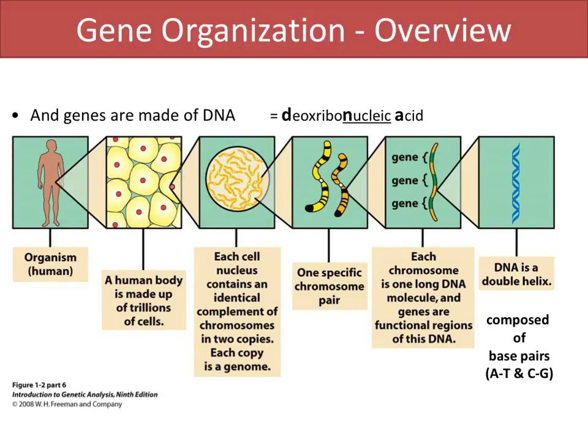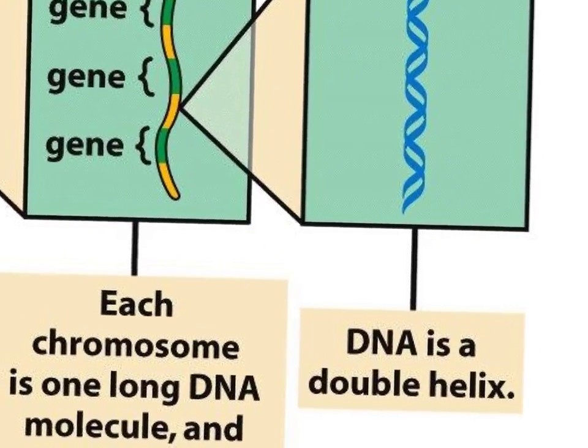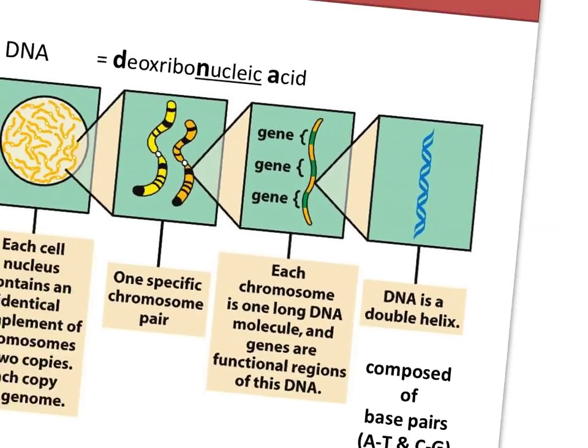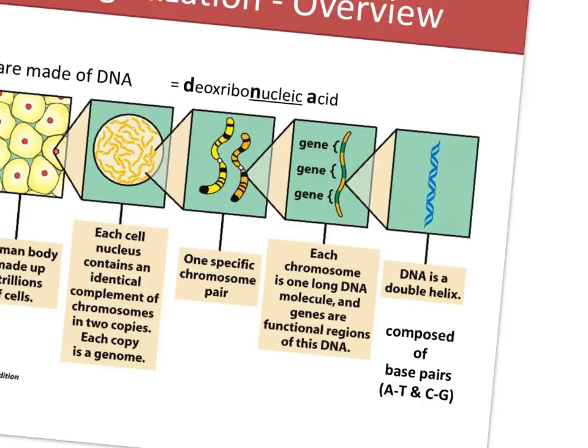Okay, and the DNA is made up of a double helix, and it's composed of these bases. A and T go together.